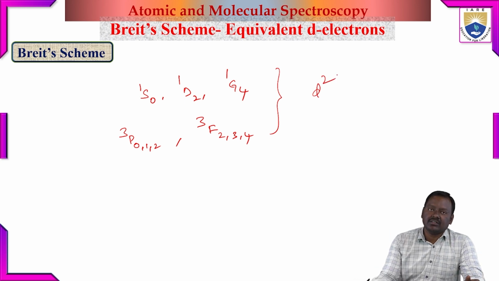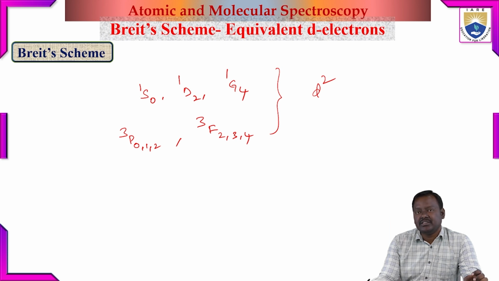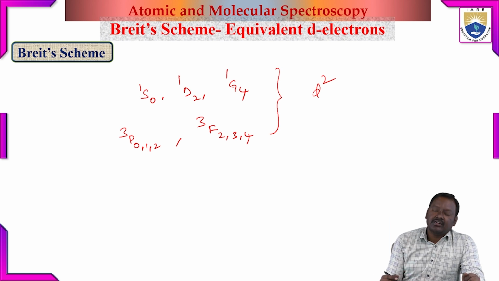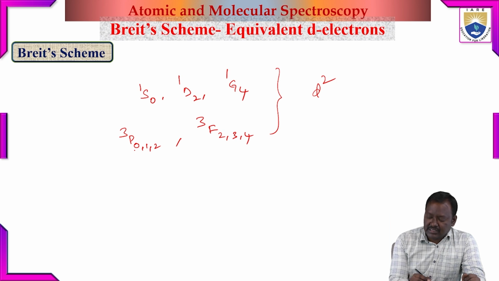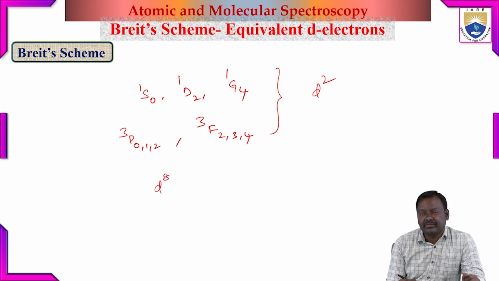That is, when two equivalent electrons are in the D subshell. And as per the condition, we know that these spectral terms are also the same for the electron configuration D8.